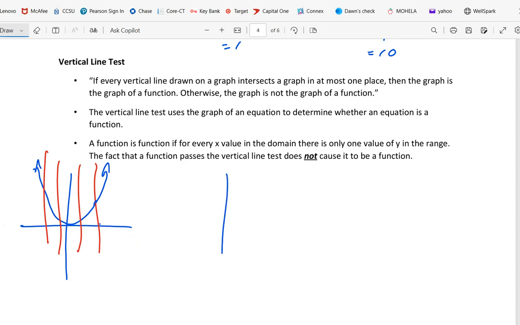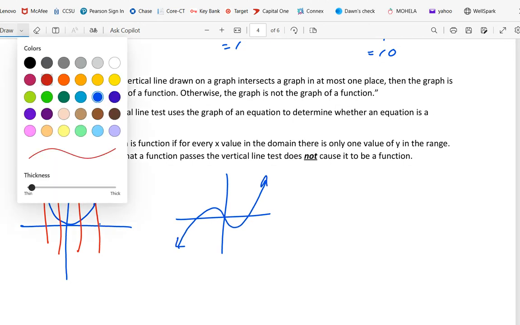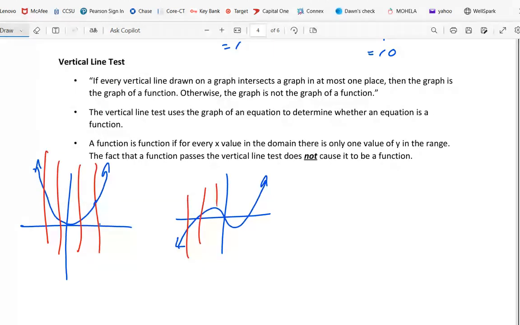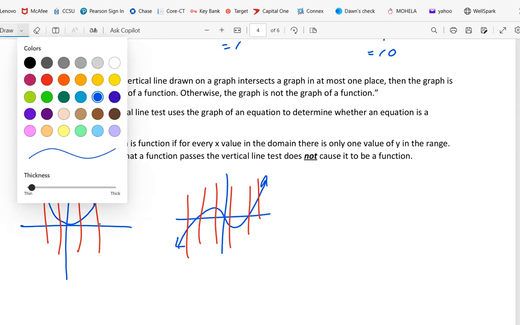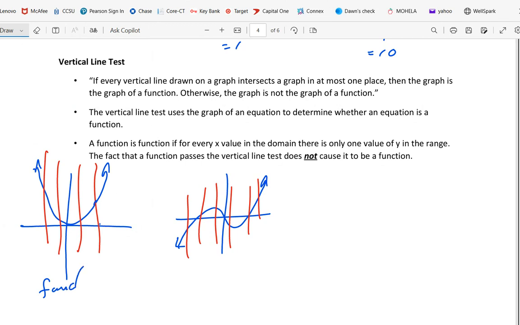If I have a graph that looks like this, notice each vertical line can only intersect the graph in one place. Therefore, this is a function. Okay, so this one is a function. This is a function.